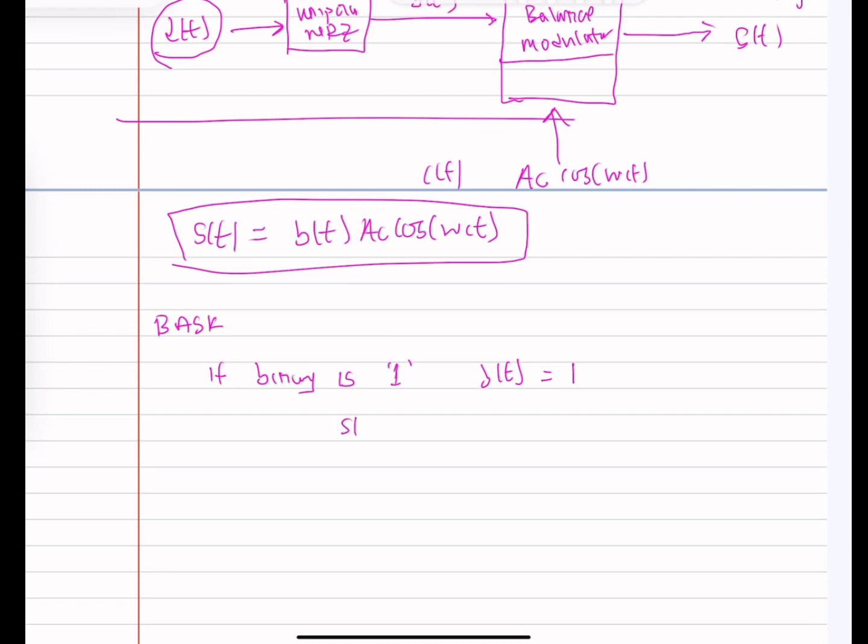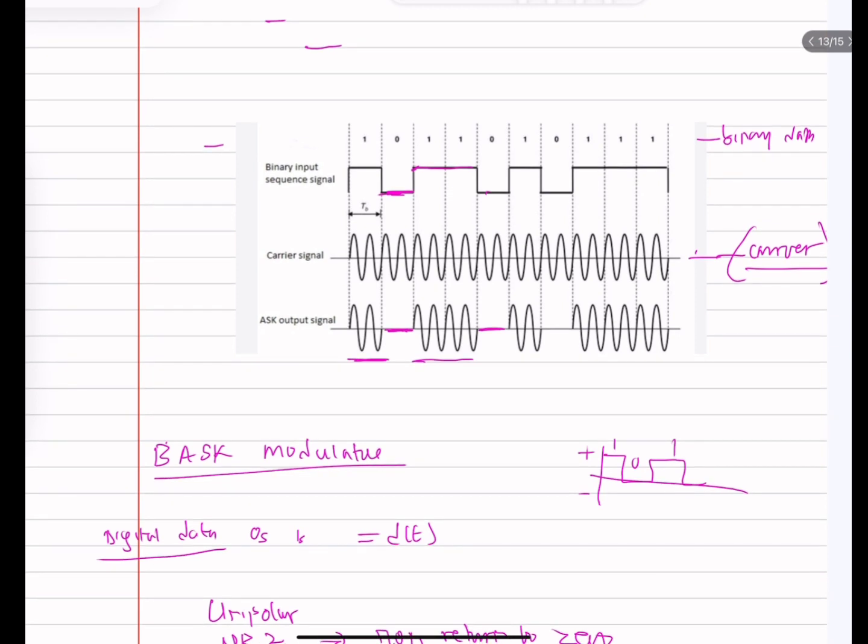Therefore, S of t is equal to 1 multiplied by AC cos omega ct, and therefore you can see that the carrier will be transmitted. That's why you were seeing this one over here, because here the binary B of t was 1, and therefore it was transmitting.